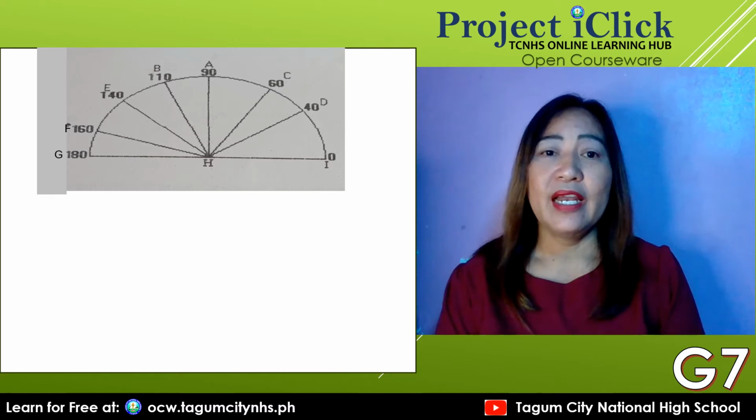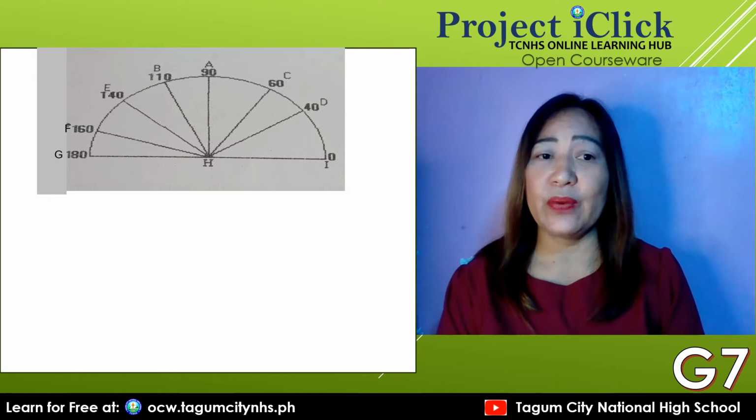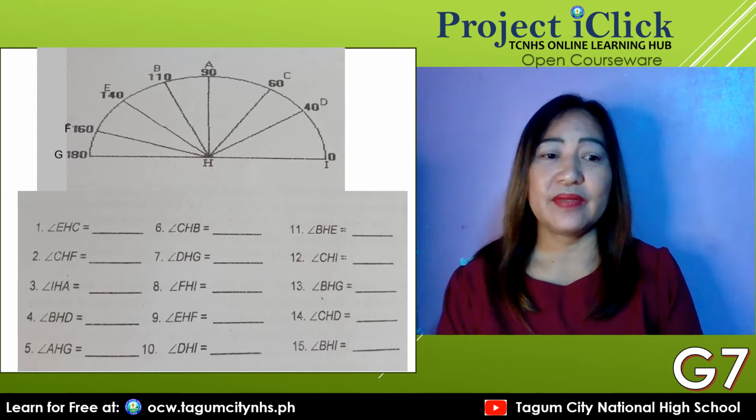Now, let's find the measure of the following angles. Angle EHC measures 80 degrees. Angle CHF measures 100 degrees. Angle IHA measures 90 degrees.